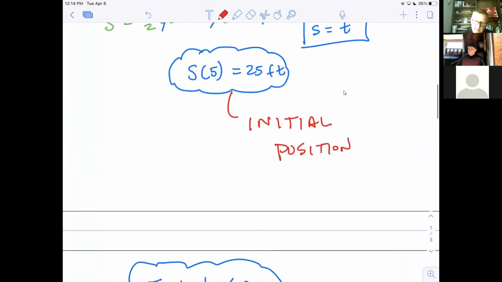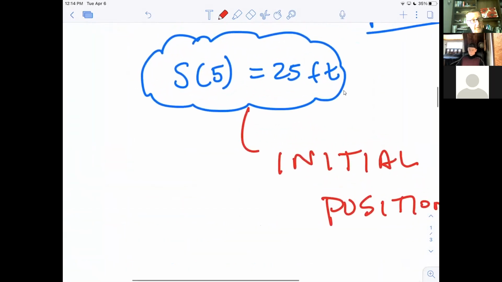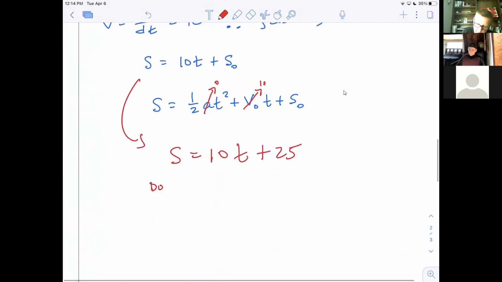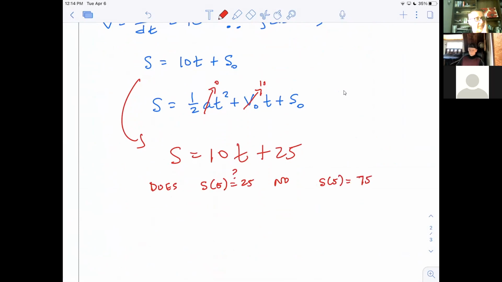Well, notice we figured out that s of 5 equals 25, right? Well, does that work down here? Does s of 5 equal 25? Question mark. The answer is no. s of 5 here would be equal to 5 times 10, which is 50, plus 25 would be 75. That formula would say you're at 75 feet at 5 seconds.